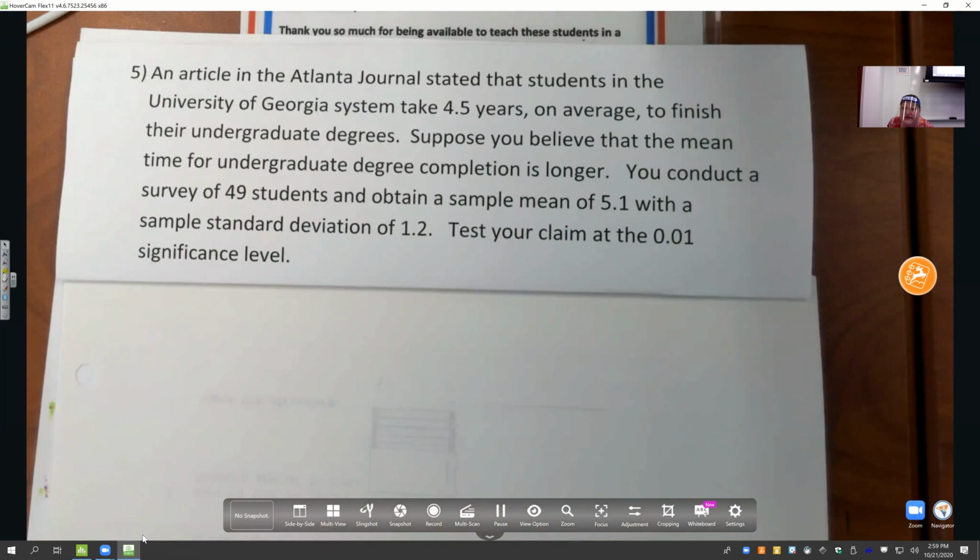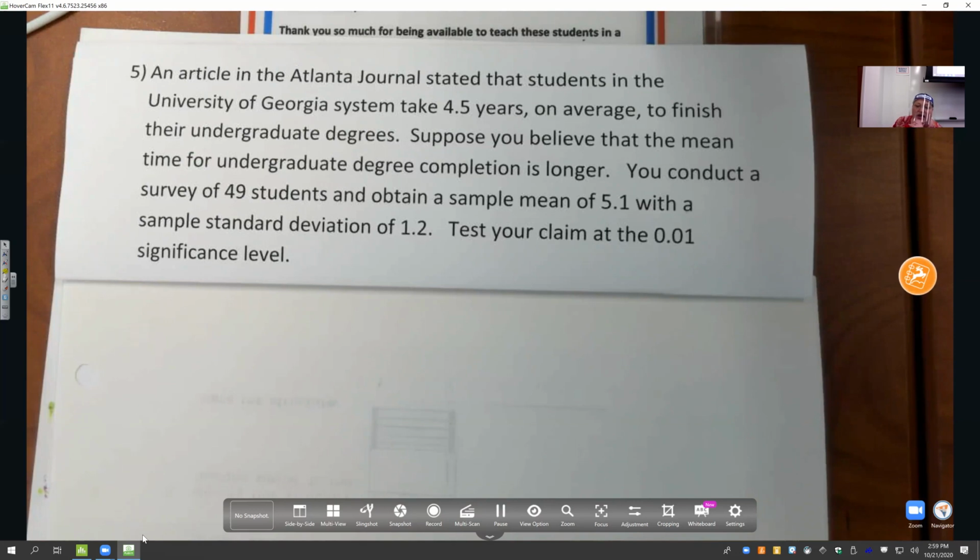An article in the Atlanta Journal stated that students in the University of Georgia system take 4.5 years on average to finish their undergraduate degrees. Suppose you believe that the mean time for undergraduate degree completion is longer. You conduct a survey of 49 students and obtain a sample mean of 5.1 with a sample standard deviation of 1.2. Test your claim at the 0.01 significance level.